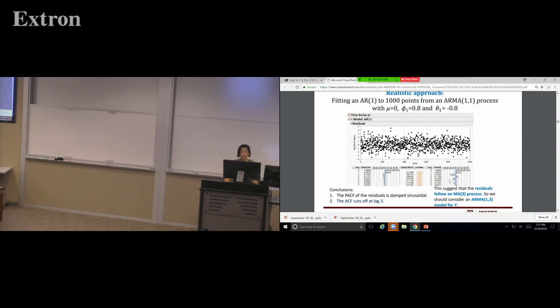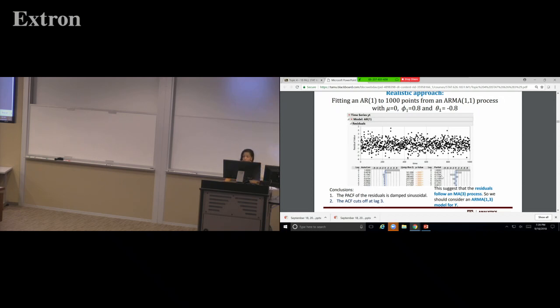So this information would lead us to the idea that maybe we're looking at an MA3 process, which is not where we know we started from. So at this point, moving with this realistic approach, we would be investigating whether we're dealing with an ARMA 1-3 model for Y. So we would say maybe we need to investigate that.